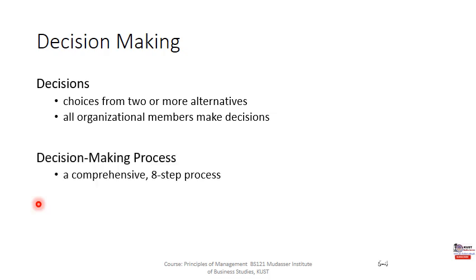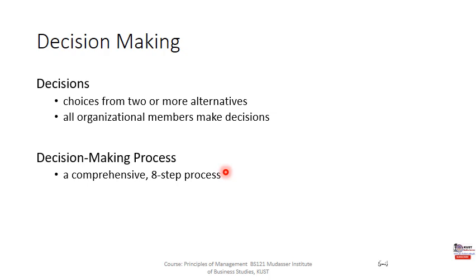Now, what is the decision making process? The decision making process is a process of making choices by identifying the decision, gathering information and assessing alternative resolutions.